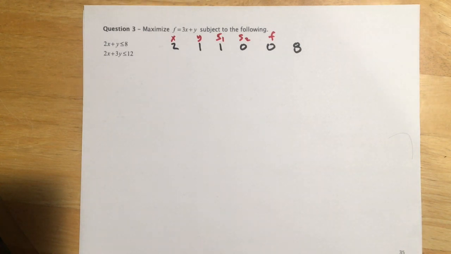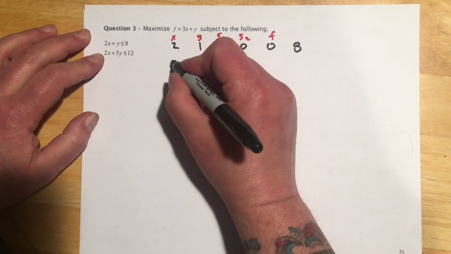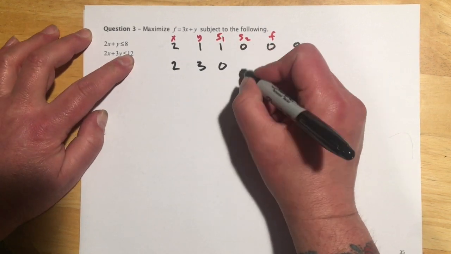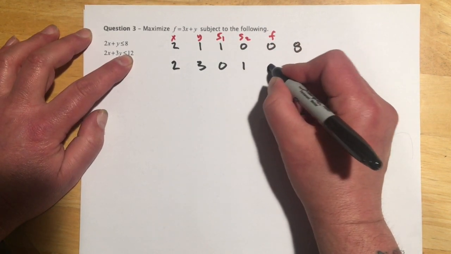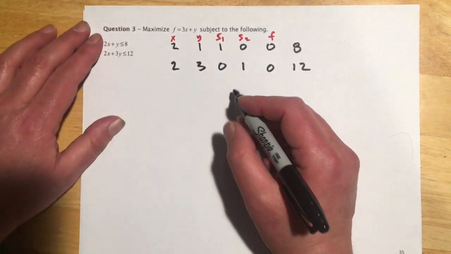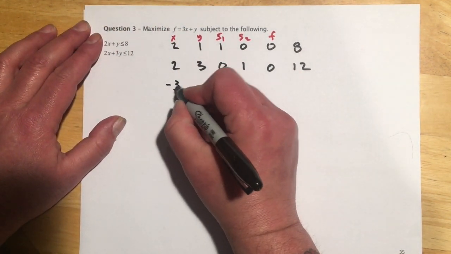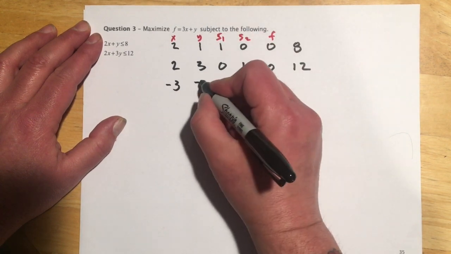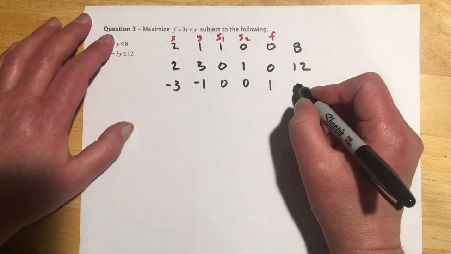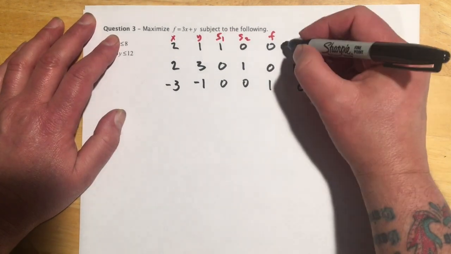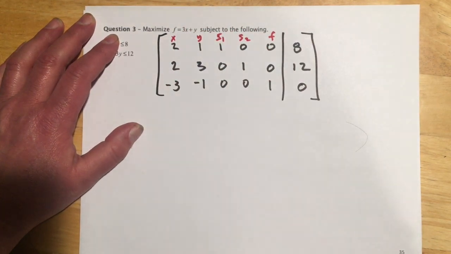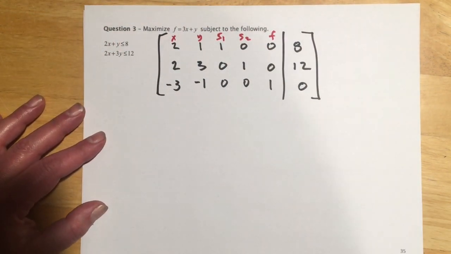And then for this next one, this would go 2, 3, 0, and then that has the second slack variable, 0 and 12. And then we'll bring the 3x and the y over. So -3 and then -1, slacks are 0, f is 1, and then that would equal 0. So there is our tableau.